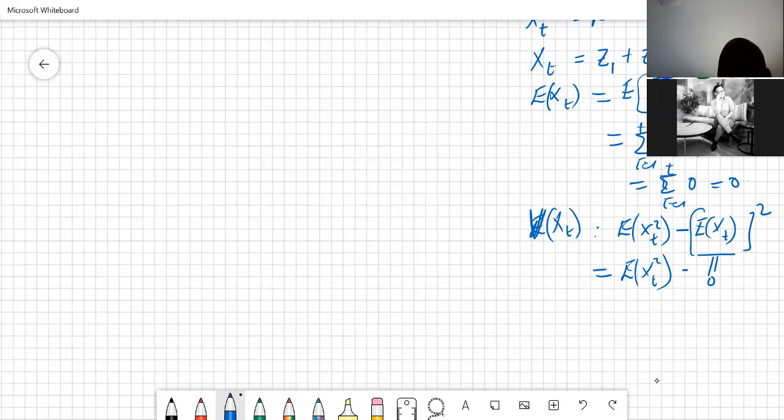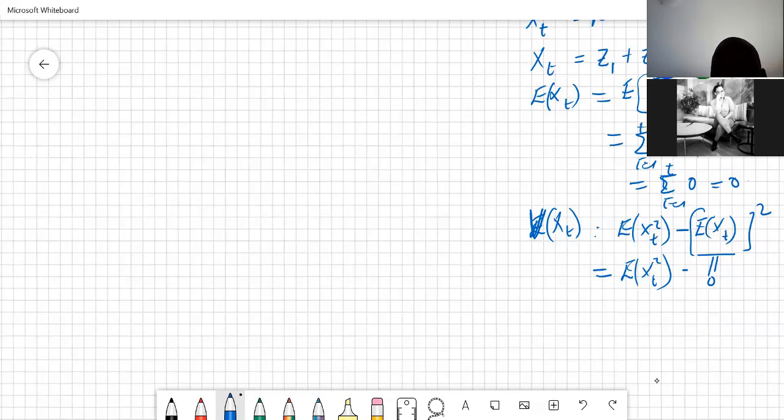We saw that this is the same as a summation of Zi squared times the probability of Zi, which we found to be something like this. I think there's a problem here.